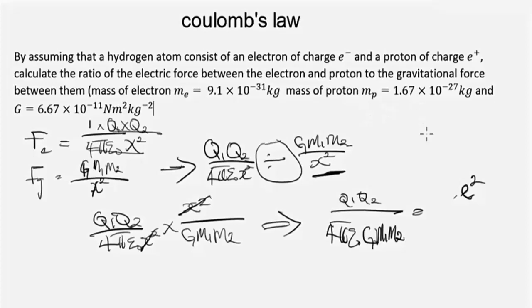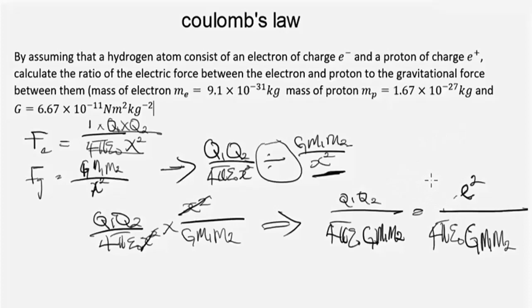So we'll have e squared over 4 pi epsilon naught G m1 m2.